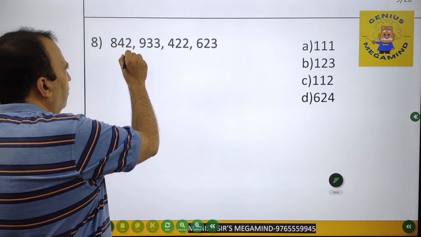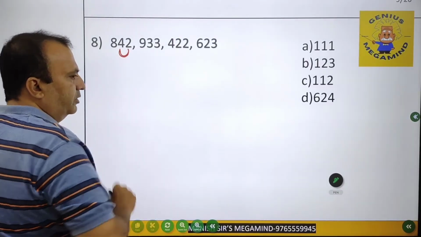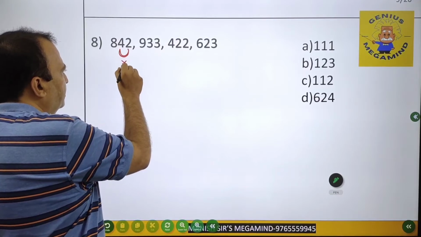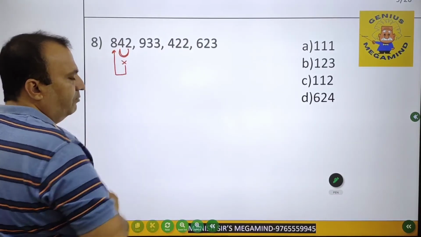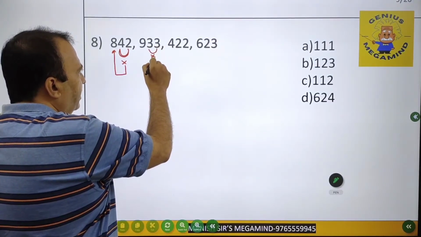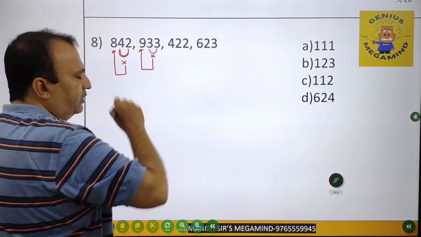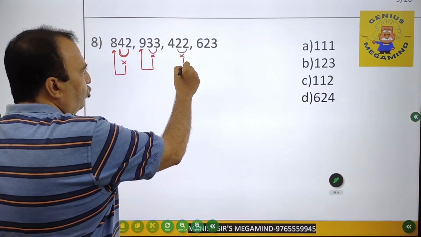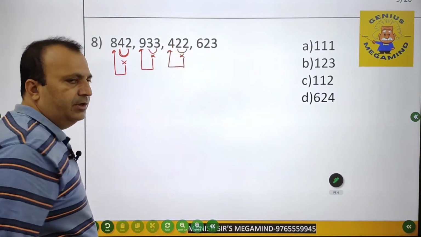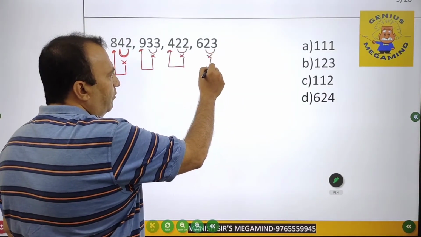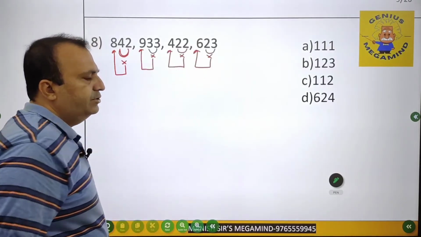So over here, the multiplication of the last 2 digits of every number gives me the first digit of the number. Over here also, 3 into 3 gives me the first digit of the number, that is 9. Over here also, 2 into 2 will be 4, and the last, 2 into 3, the multiplication comes out to be 6.